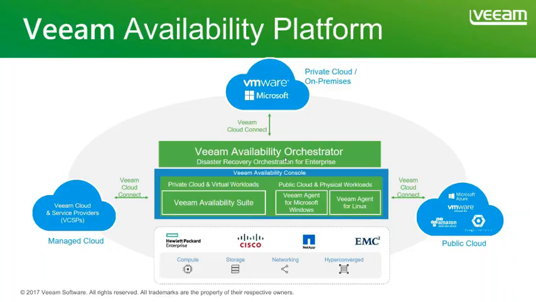But right now, as everyone is moving to public and hybrid cloud, we can't get access to the hypervisor level. And that was the reason we developed the agent approach. On the other hand, we've announced Veeam Availability Orchestrator for disaster recovery orchestration. And in the future, it will orchestrate data and workloads in on-prem and cloud environments.